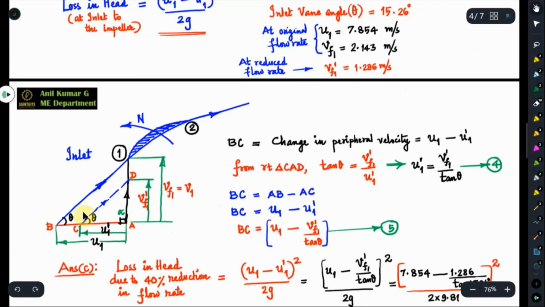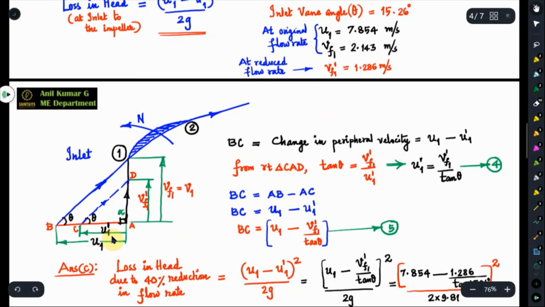Here the original velocity triangle at inlet is this one, represented by say AB1, and here the base of the triangle AB is representing the original tangential velocity U1, which is pi D1 N by 60. Here in the problem it is given that there is no change in the rotating speed or rotational speed of the impeller, even though we are changing the discharge.